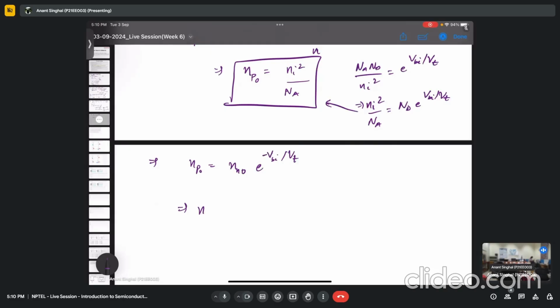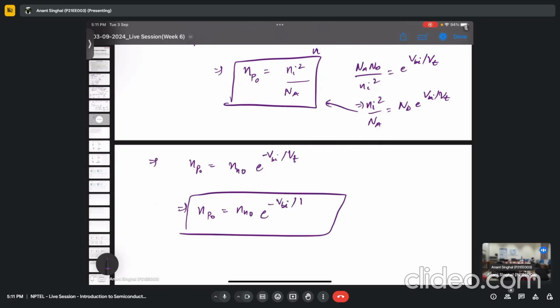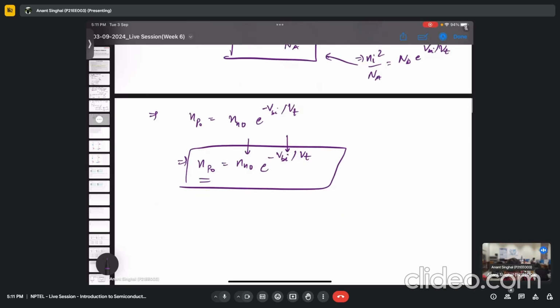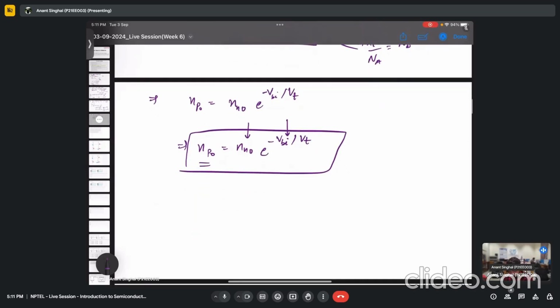This will be minus, so Np0 is Nn0 exponential of minus Vbi over Vt. What it implies is the majority carriers are getting multiplied by a lesser term, giving me some minority carriers. So this is the relation when we are in equilibrium.